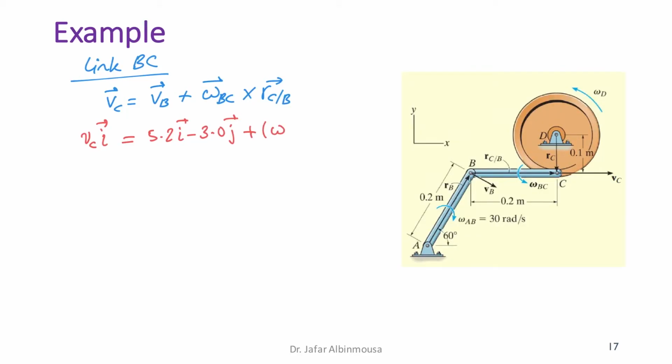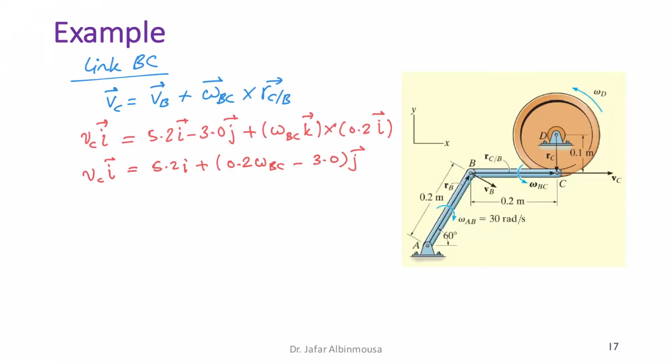So again, we can write omega as a scalar, omega BC, multiplied by its direction, which is k, multiplied by 0.2 I. Again, here the length of this vector is 0.2, and in this horizontal direction, it's pointing from B to C, and so it is positive I. So if we simplify this equation, we will say that VC I is equal to 5.2 I plus 0.2 omega BC minus 3.0 J.